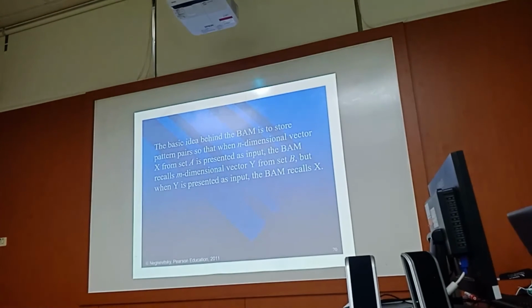That is the BAM. The basic idea behind the BAM is to store pattern pairs, so that when an n-dimensional vector X from set A is presented as input, the BAM recalls an m-dimensional vector Y from set B. But when Y is presented as input, the BAM recalls X. That means from the output it can reason to the input, and from the input it can reason to the output.